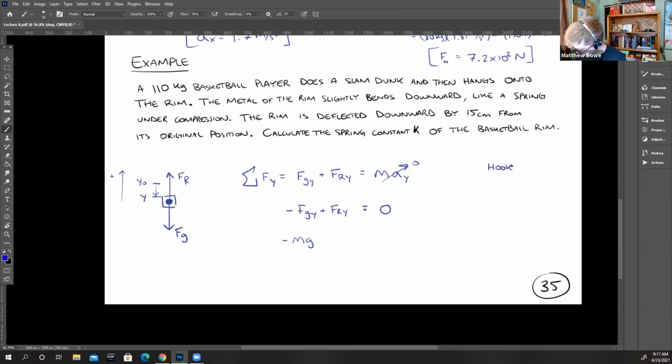So we know this is a spring. Hooke's law was minus ky. But I just recognized that moving down is negative. This is going to be a negative y.